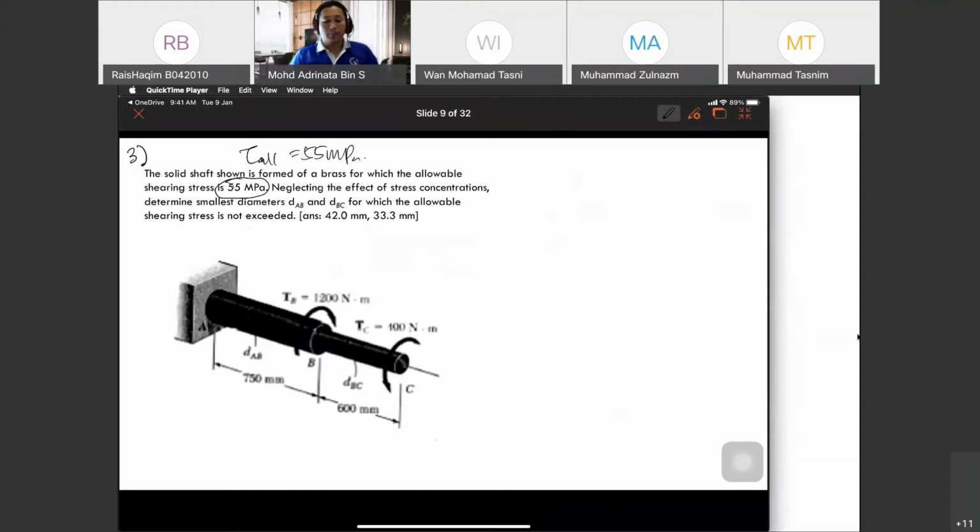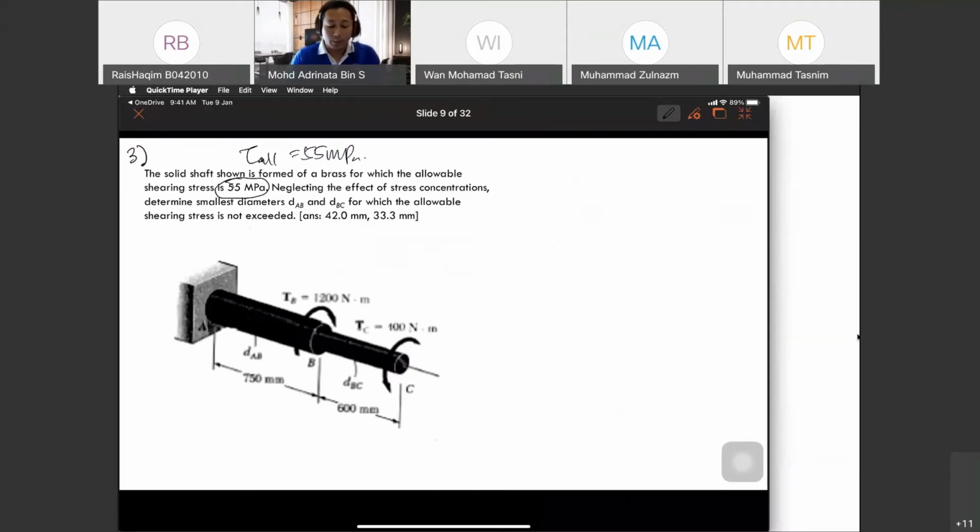Neglecting the effect of stress concentration, determine the smallest diameter DAB and DBC, the smallest diameter for which the allowable shearing stress is not exceeded. So solid shaft from brass, tau allowable 55 megapascal. Alright. So apa nak buat?